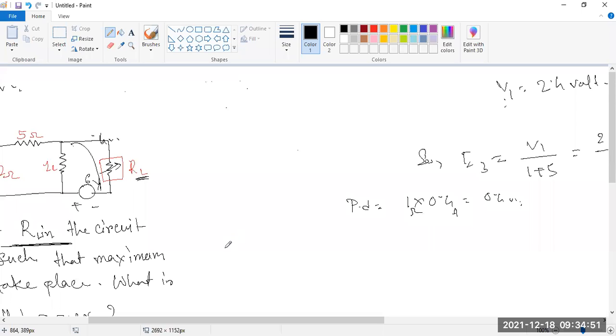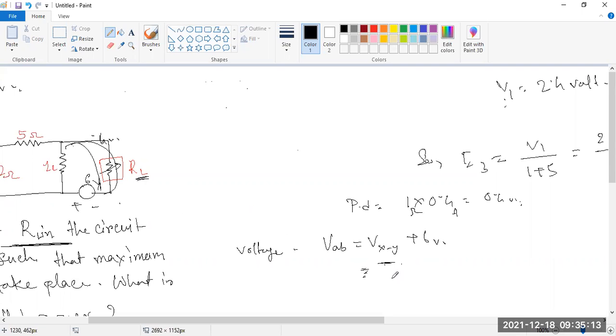So voltage at the AB terminal should be Vxy plus 6 volt, because whenever you connect this, then you have to treat this.